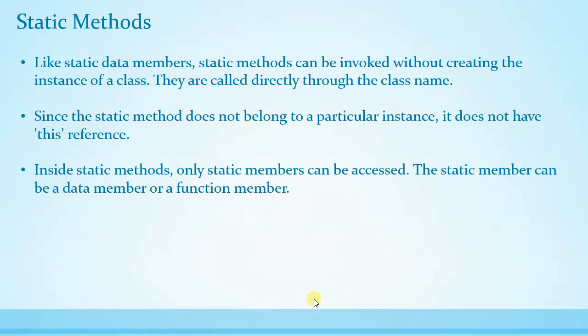But you can't access instance specific members. That means if a member, whether it is a data member or a function member, is not marked as static, then we can't access it inside the static method. Simply put, a static method can access static data members as well as other static methods.